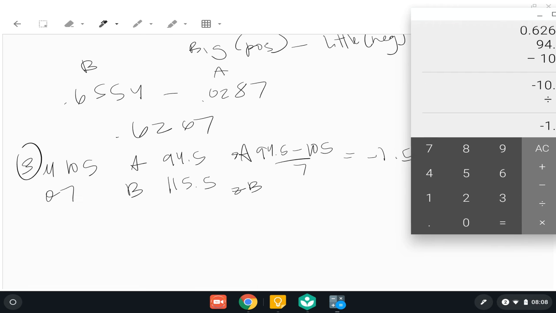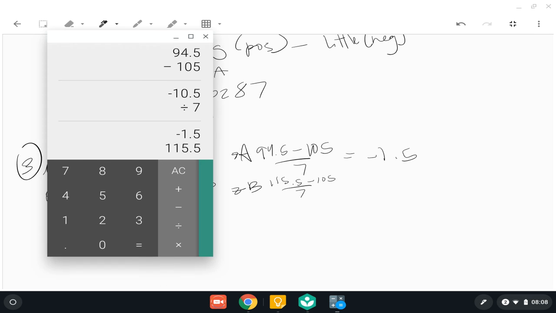ZB equals 115.5 minus 105 over 7 equals 1.5. Nice.